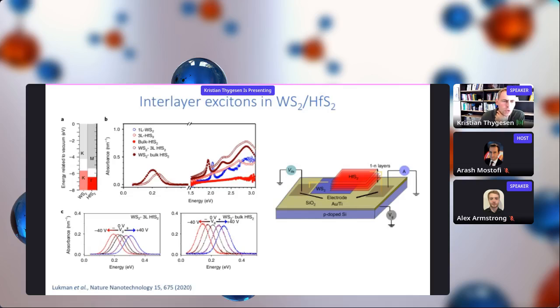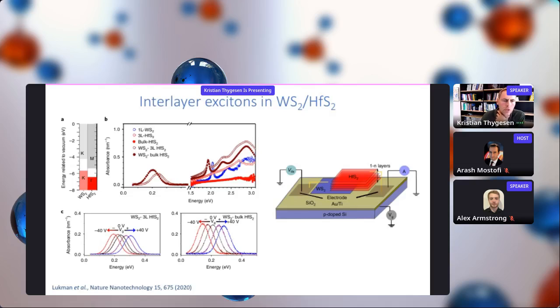The blue curve shows the tungsten disulfide monolayer, and you see the peak here at 2 eV. That's due to the intralayer exciton in that monolayer. The hafnium disulfide is an indirect bandgap material and doesn't really show any features in this energy regime.